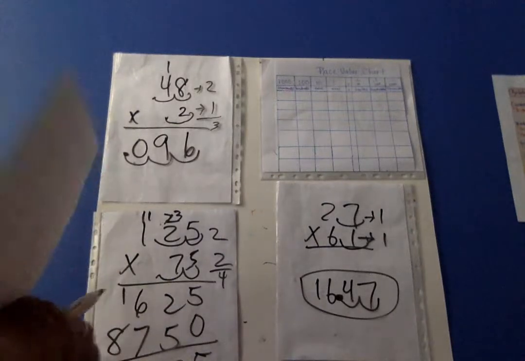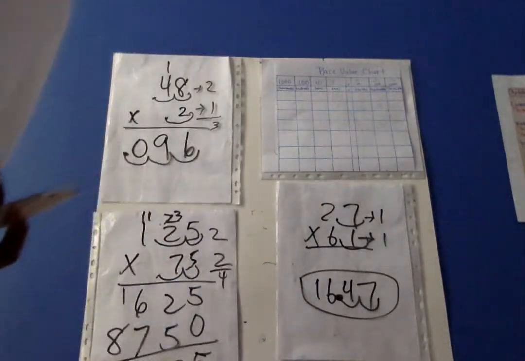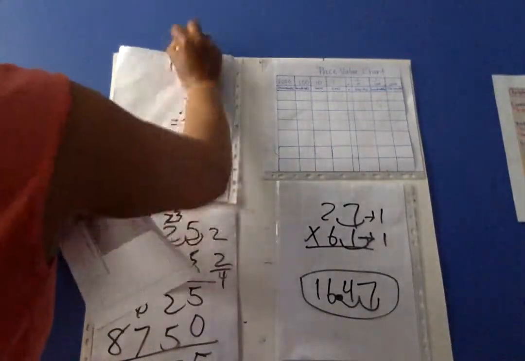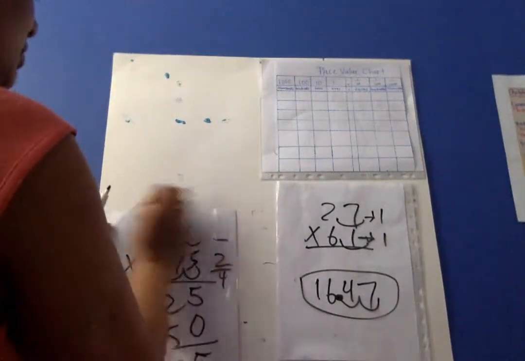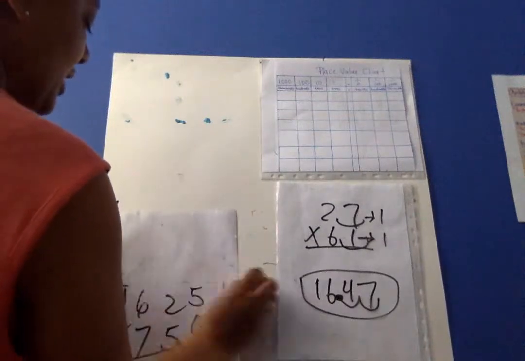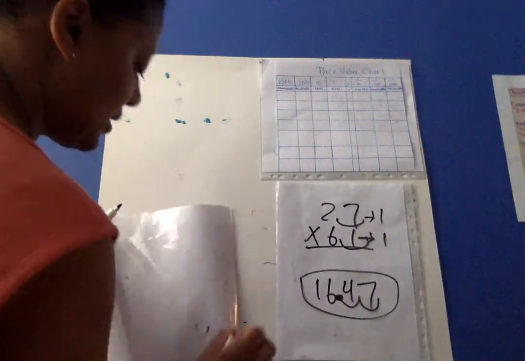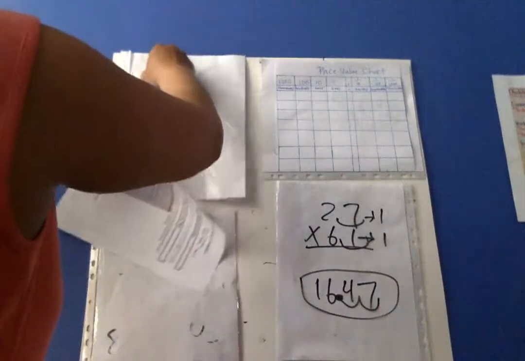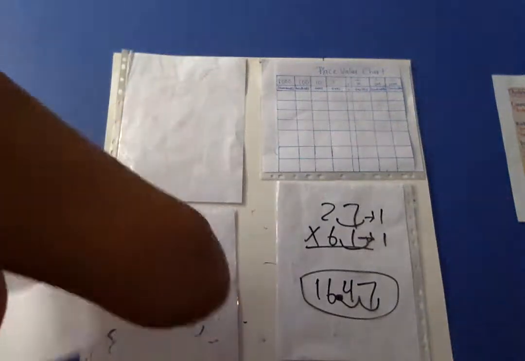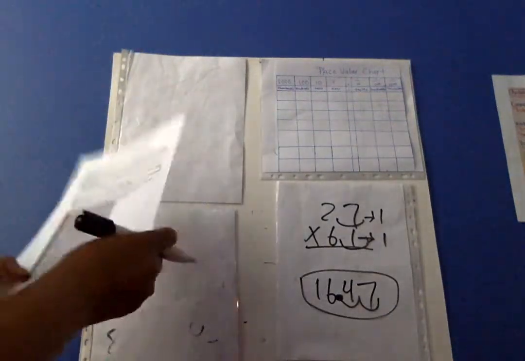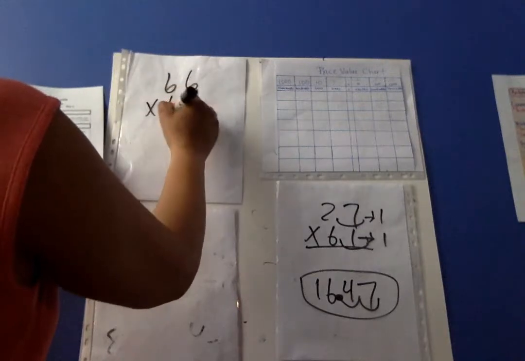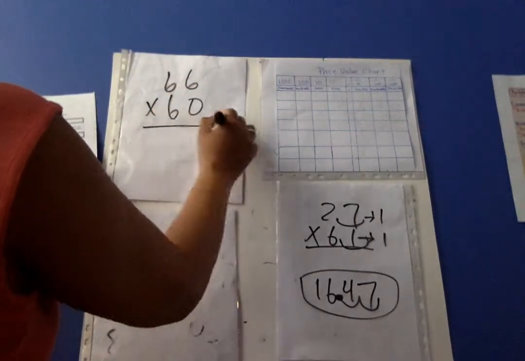Let's do a couple more problems that you don't see, that you do not have on your sheet. Write this problem down in your notebook as I'm writing it down on the board.